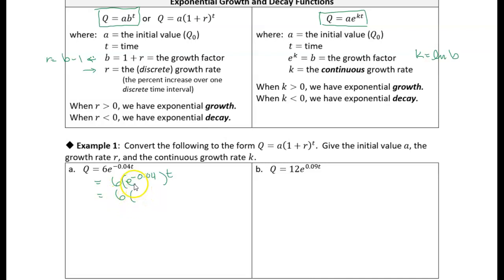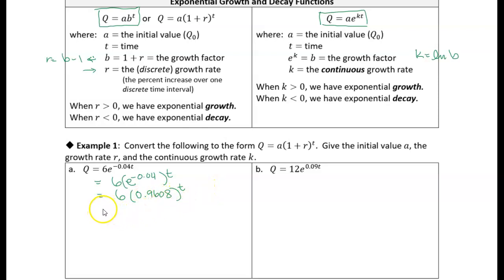If we put e to the minus 0.04 into our calculator, we get 0.9608. And then we still have the power of t. So now you can see it's in that form, Q equals a b to the t.